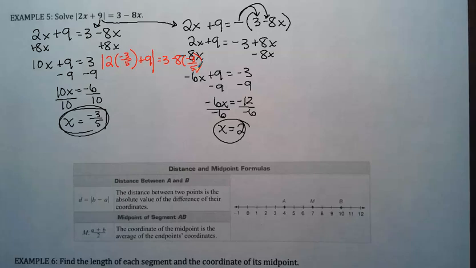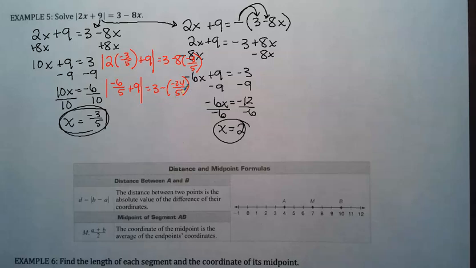Squeeze it in there, or write it on a post-it and stick it in if you have to. So this is going to be 2 times negative 3 is negative 6/5 plus 9 equals 3 minus negative 24/5, or you might have made that plus.